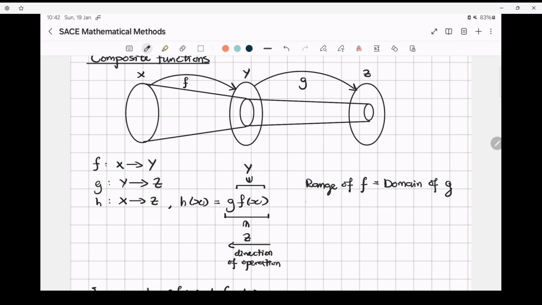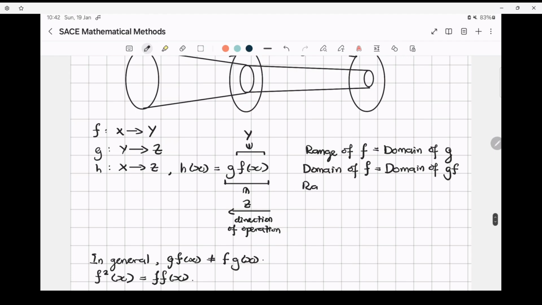So in a way, the domain of f will be the domain of gf.